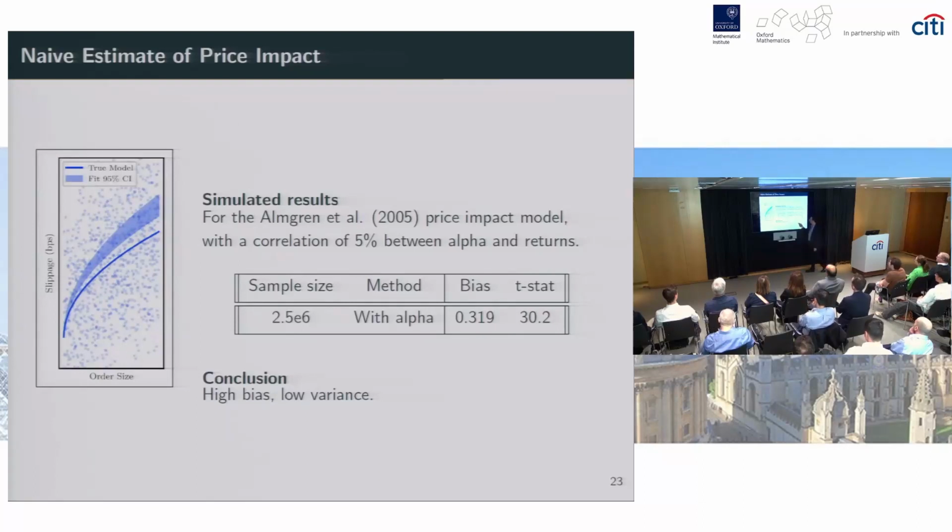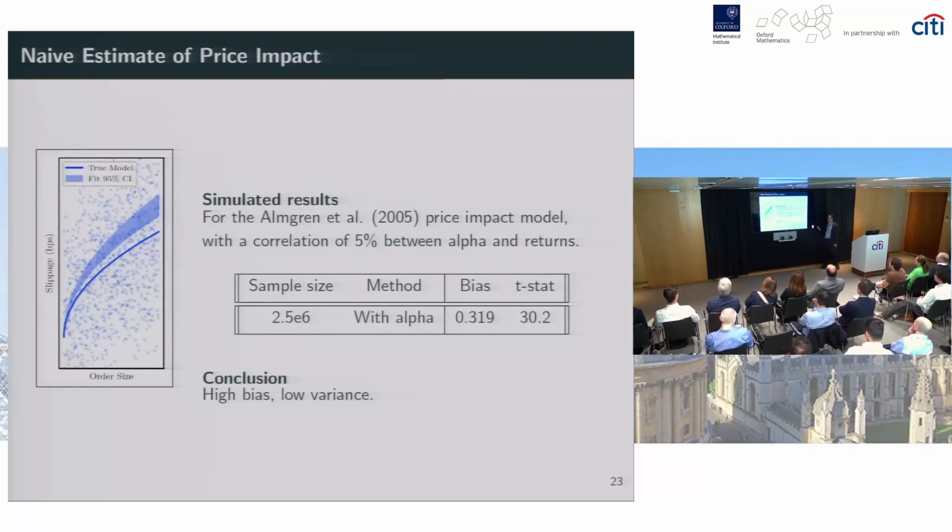So this is just the illustration for if you ignore the randomized trading experiment, you just use the historical data. And again, I've shown it before, but you get for this particular alpha signal, so 5% correlation with the future, in this case, it's Gaussian noise, and for the Almgren 2005 model, you get that it overestimates the price impact model by 30%, and it's very confident.